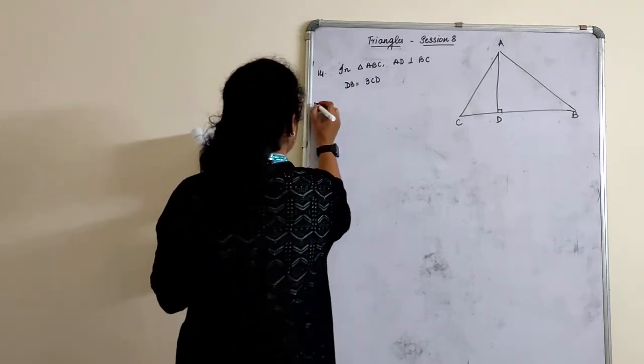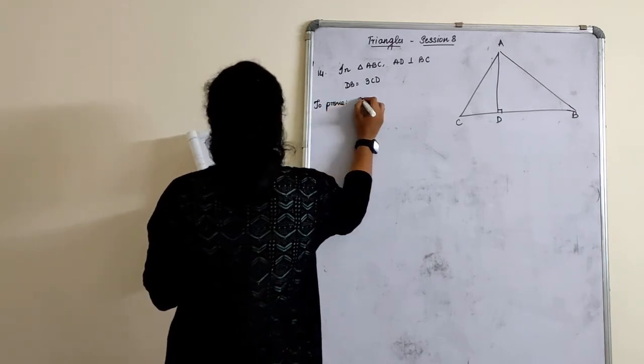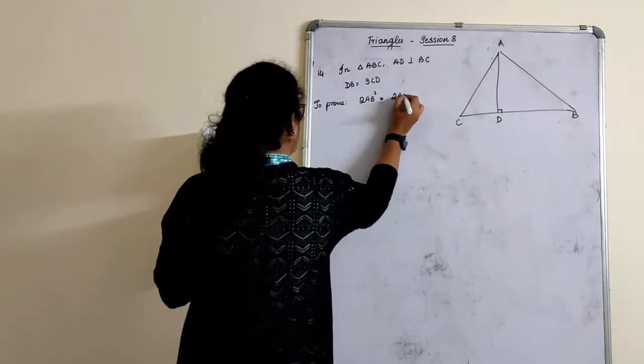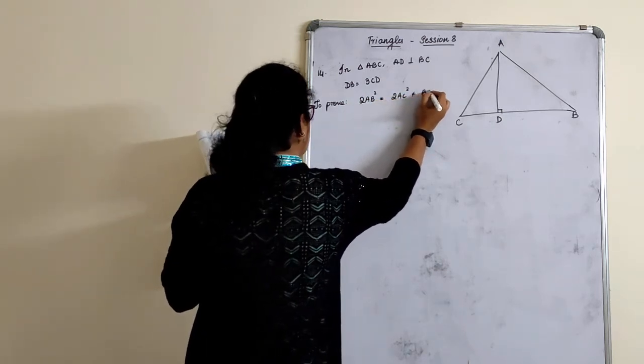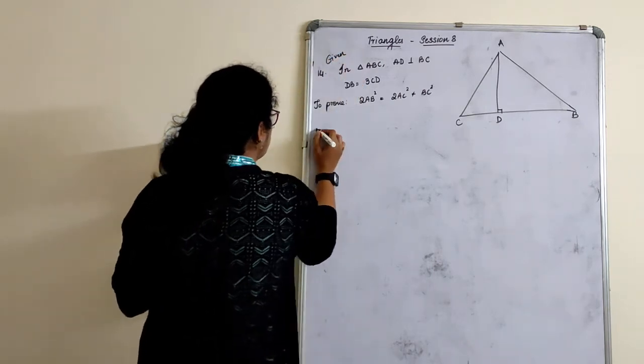That's all they have given. To prove: 2AB square is equal to 2AC square plus BC square. This is given. Proof.